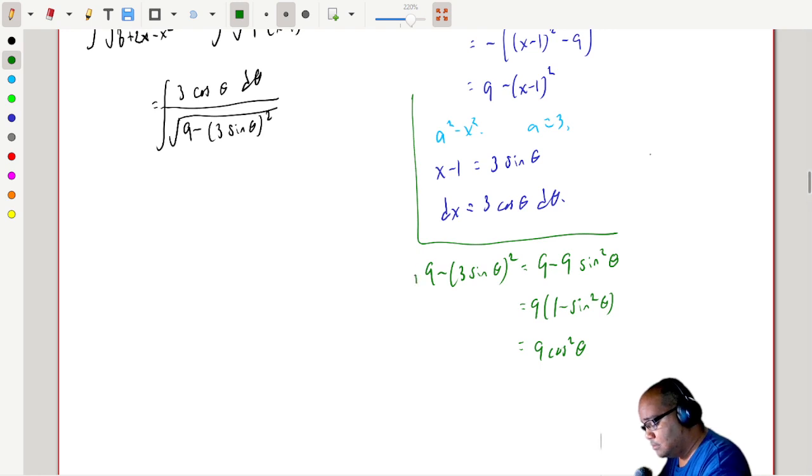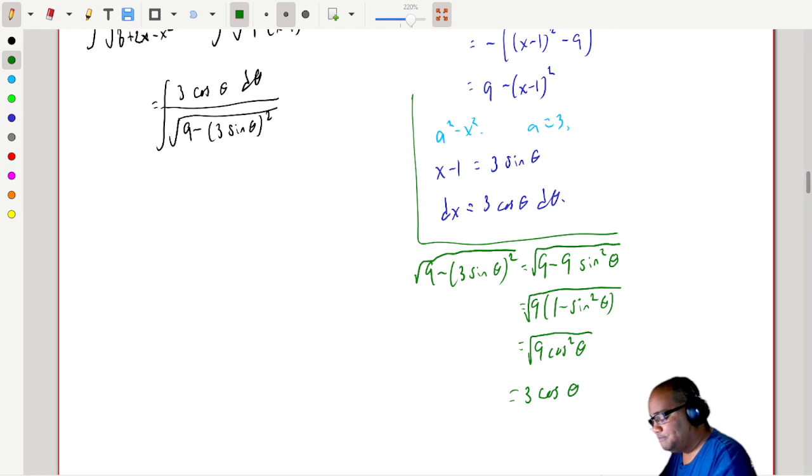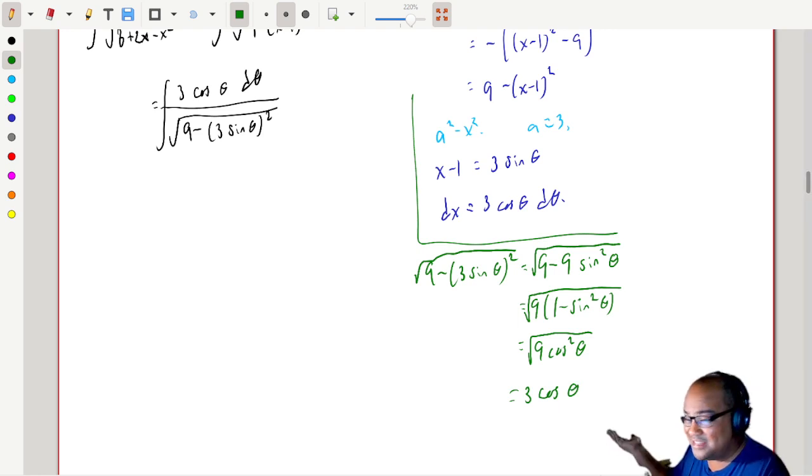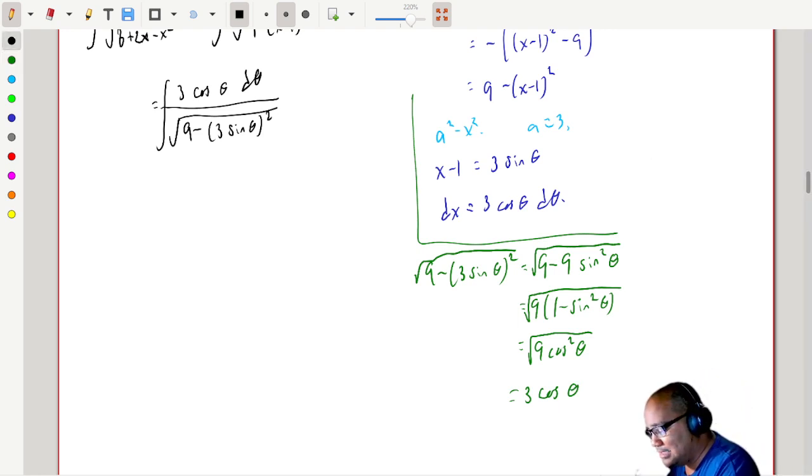But how does that help us? Well, as soon as I take square roots all the way through, the square root of 9 is 3, and the square root of cosine squared is just cosine. So you see how that all works out? Take a look at this integral. You're going to be surprised.